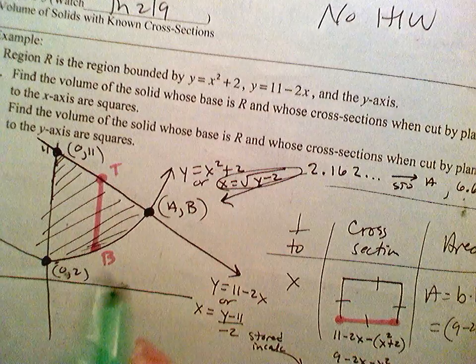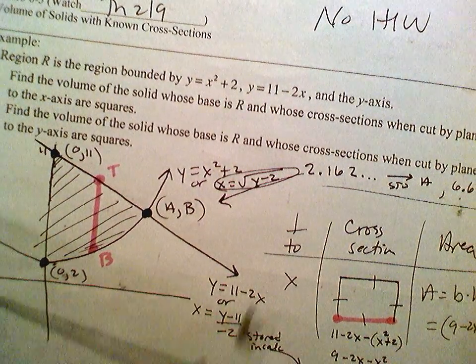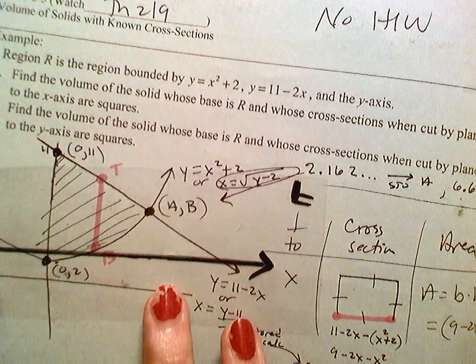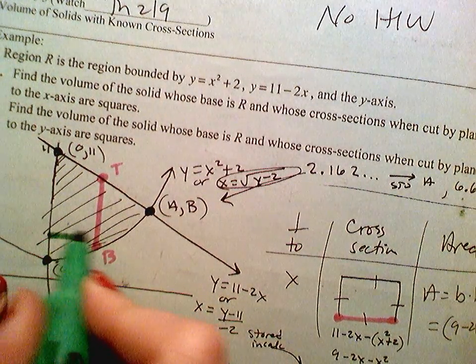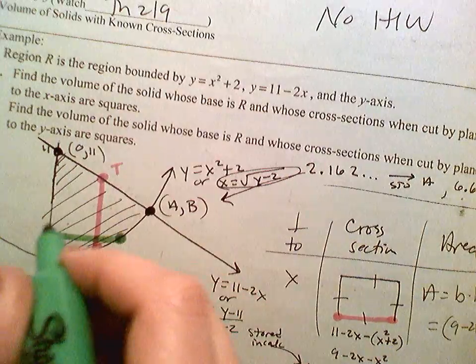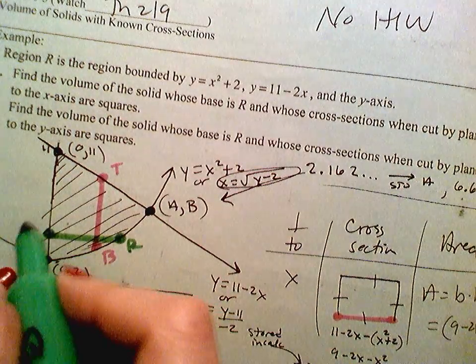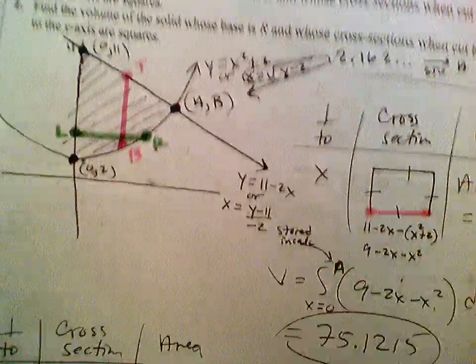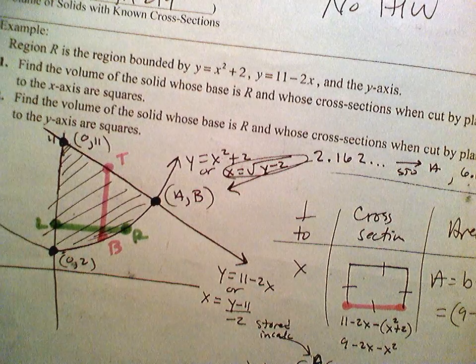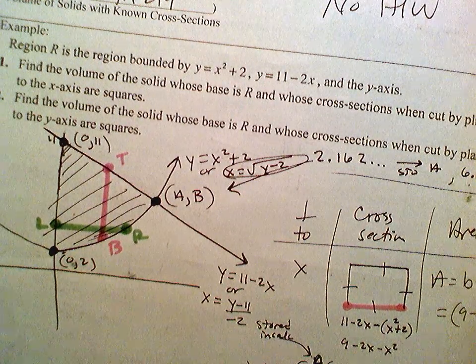I'll start low. The cross sections are going to have bases that are horizontal lines going through like this. So I'll start low, like down here. And I'm going to do right minus left for the length of that. Let me decide, am I going to need more than one picture here?